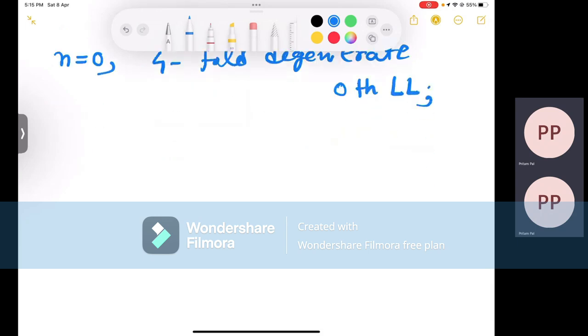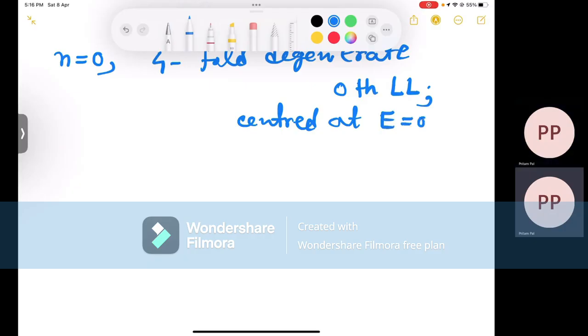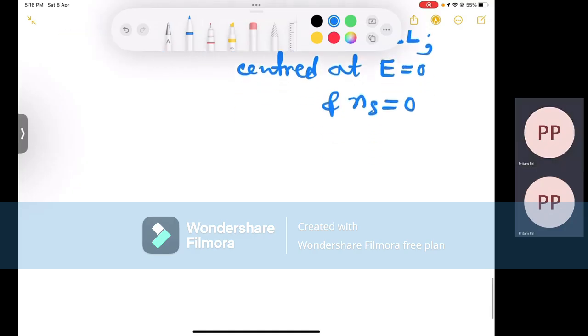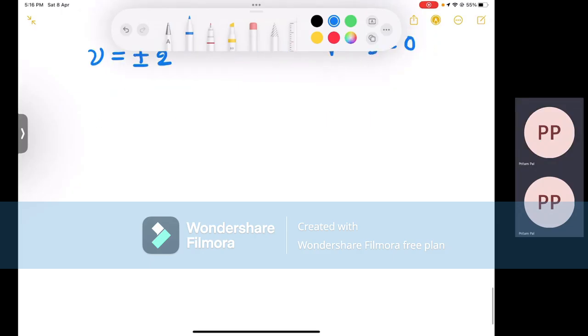It's centered at E equals 0, and carrier density is also 0 here. And it has to be separated by the filling factors nu plus minus 2 in order for it to be symmetric, right?